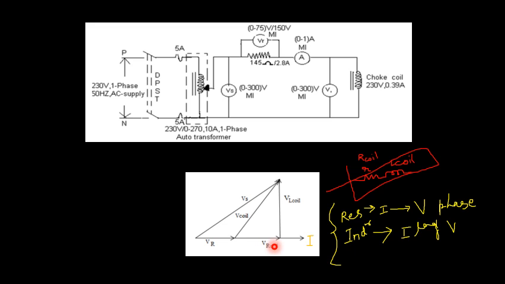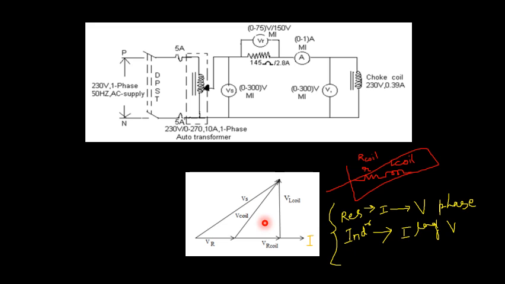What about the value Vs as well as V coil? If you see from this particular circuit diagram, if I apply the Pythagoras theorem, then I will come to know the relationship between each and every individual voltage over here.